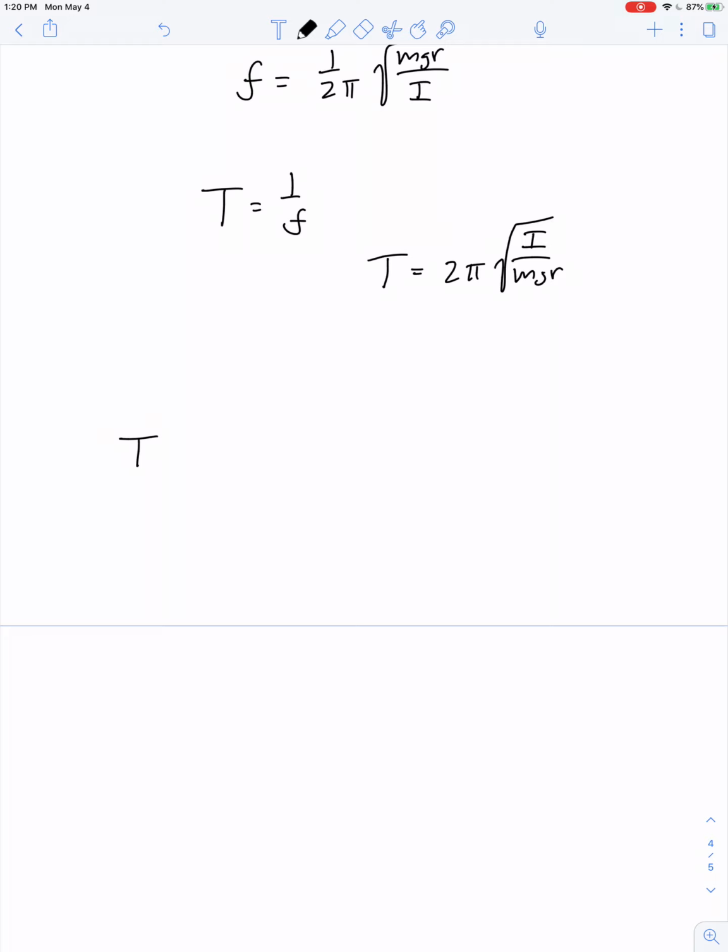The period for a mass spring system is 2 pi times the square root of m over k. The period of orbit for a satellite is 2 pi times the square root of r cubed over GM.